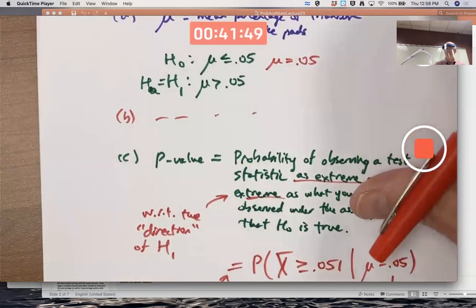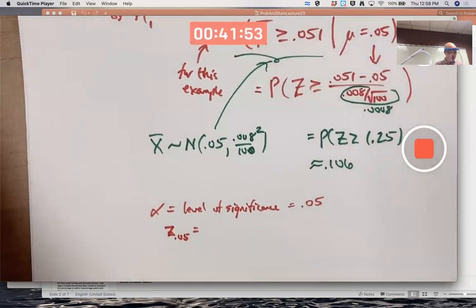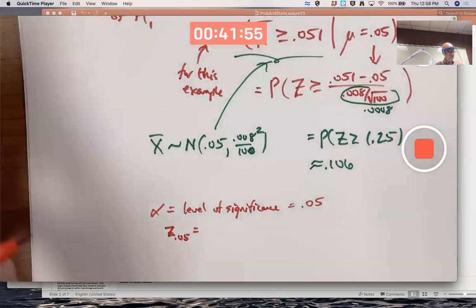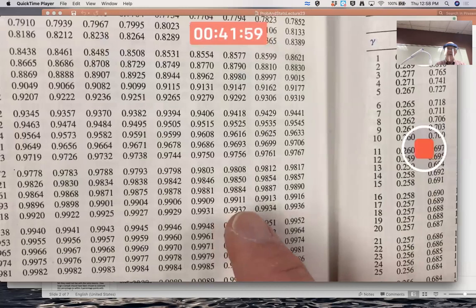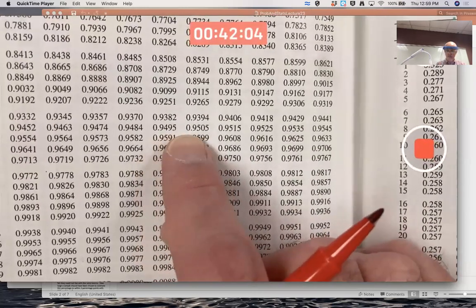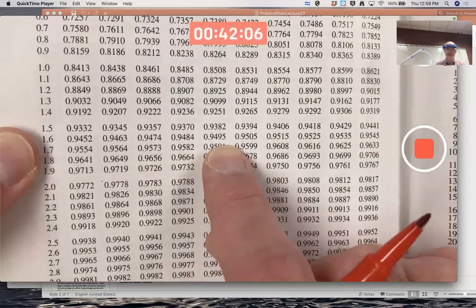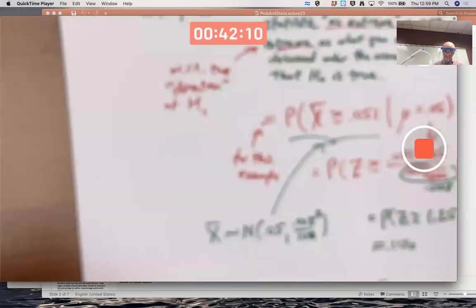So I want to think about a positive Z value, relatively high, where the area to the right of it is approximately 0.05. Looking in the table for 0.95, these two are equally close. I see Z is 1.64 and 1.65. I think I'll just split the difference and say 1.645.